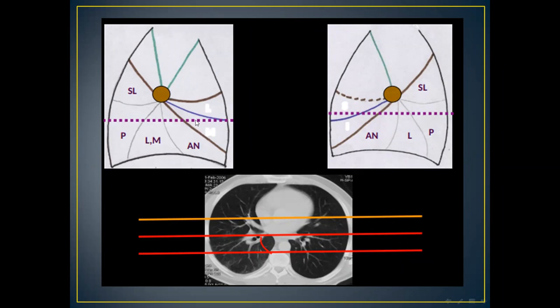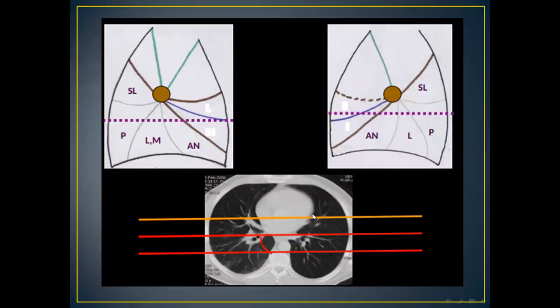The anterior section passes through the middle lobe. So this is the middle lobe. It will be divided by a line into the medial segment, near the heart, and the lateral segment. This is the medial, this is the lateral segment.